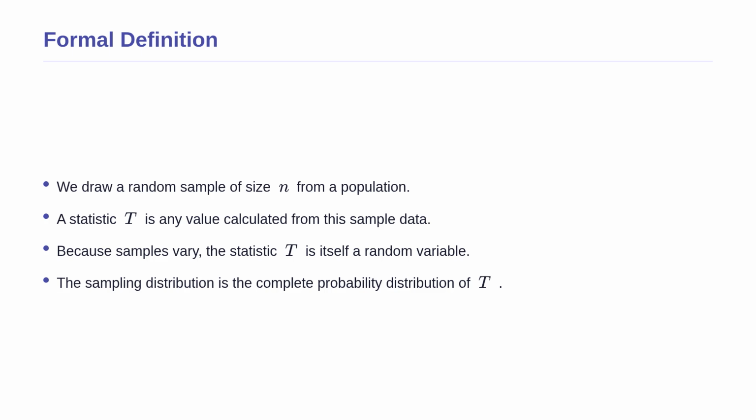Because every new sample we draw will contain slightly different individuals, the calculated value of our statistic will change every time we take a new sample. This means the statistic itself is a random variable with its own probability behavior. The sampling distribution is the complete probability distribution we would get if we took every possible sample of size n and calculated the statistic for each one.